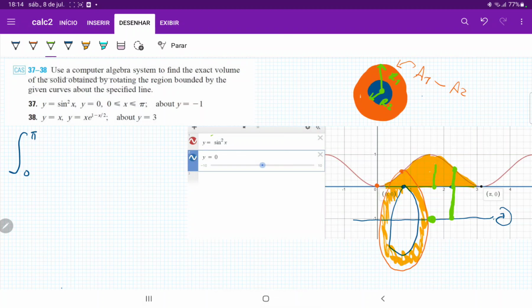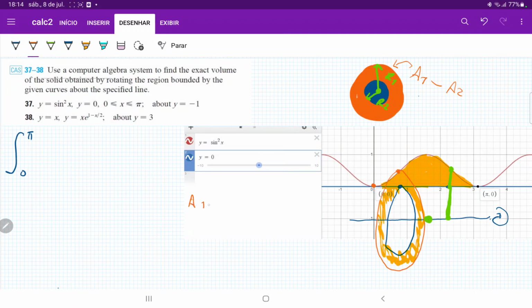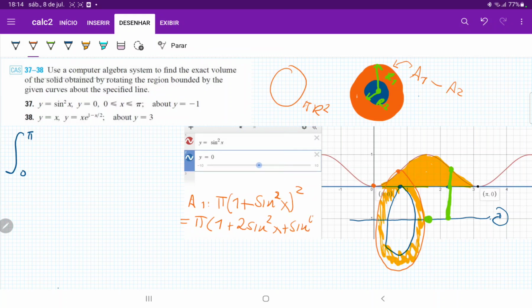That's going to give us the radius of our biggest circle here, 1 plus sine squared x. So A1 is given to us by pi times (1 plus sine squared x) squared, because our area here is just pi r squared. Let's expand that: A1 equals pi times (1 plus 2 sine squared x plus sine to the 4th power of x).